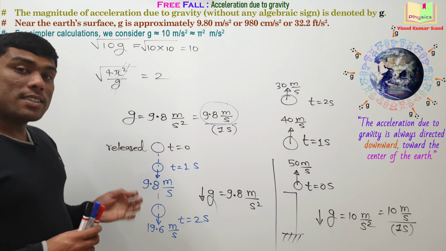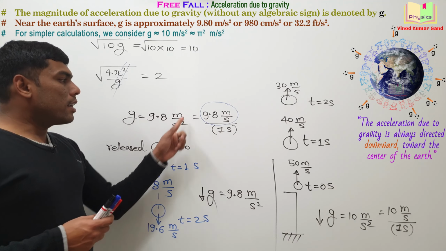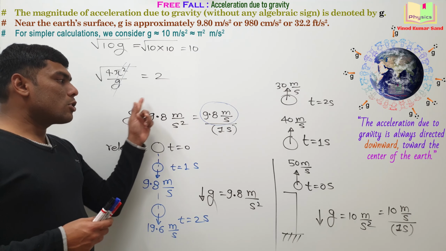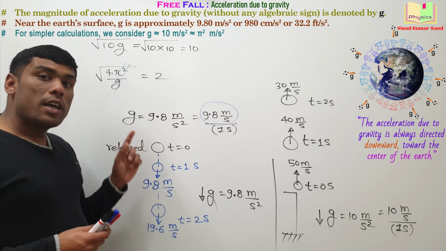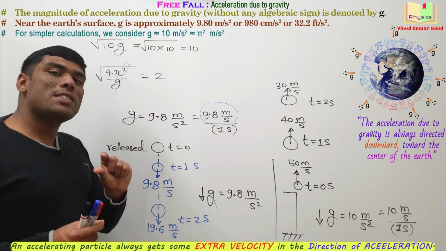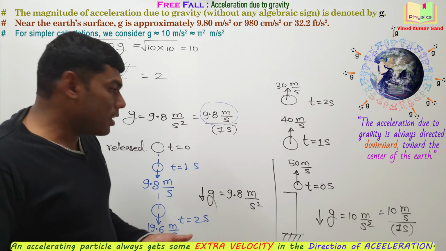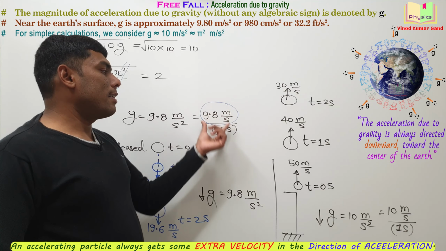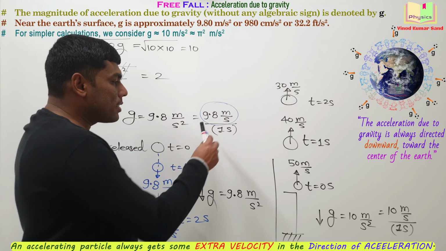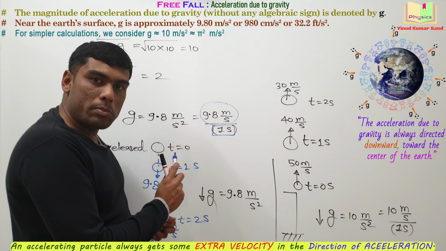The same thing I can explain in another way. This 9.8 meter per second square is some acceleration, and in the direction of acceleration, the particle always gets some extra velocity. How much extra velocity will it get? That will be decided like this. In 1 second, the particle will get extra velocity of 9.8 meter per second.